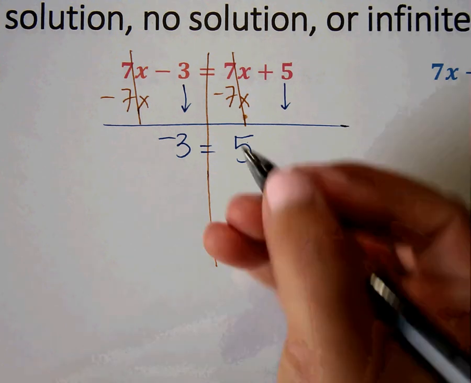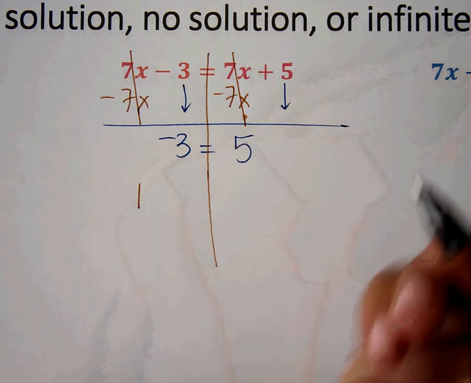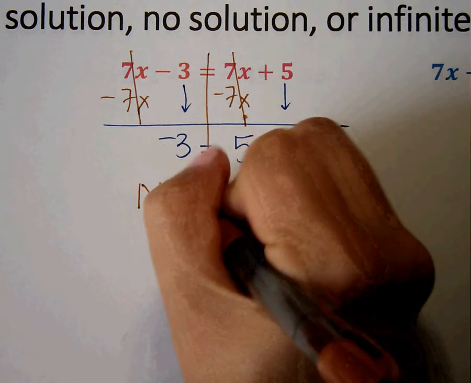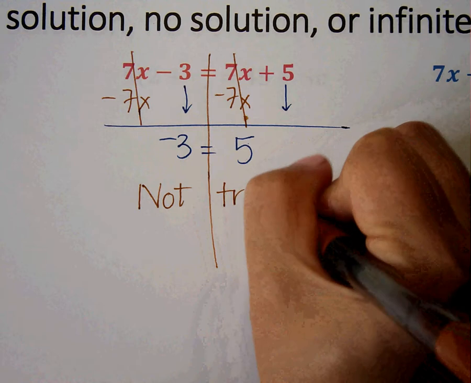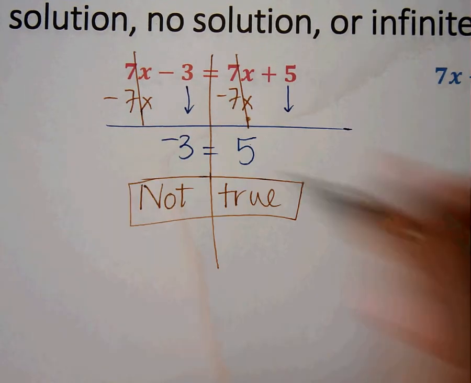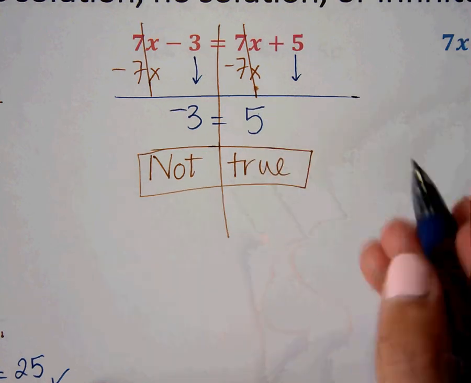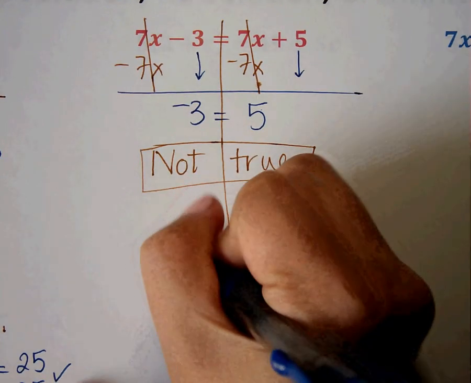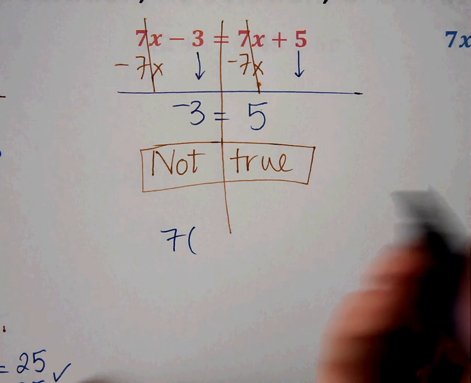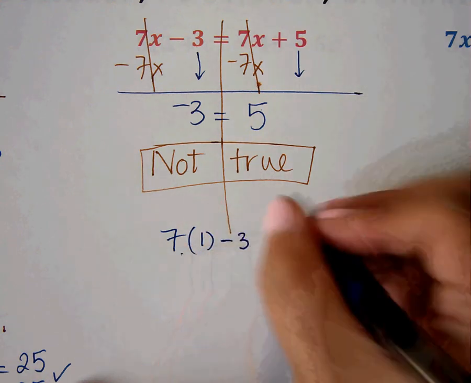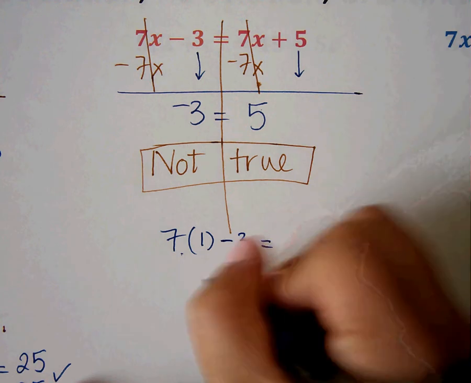Well, there is no value of x that can make this one true, so this one will never be true for any value of x. Okay, so say x equals 1. This will give you 7 minus 3 is 4.